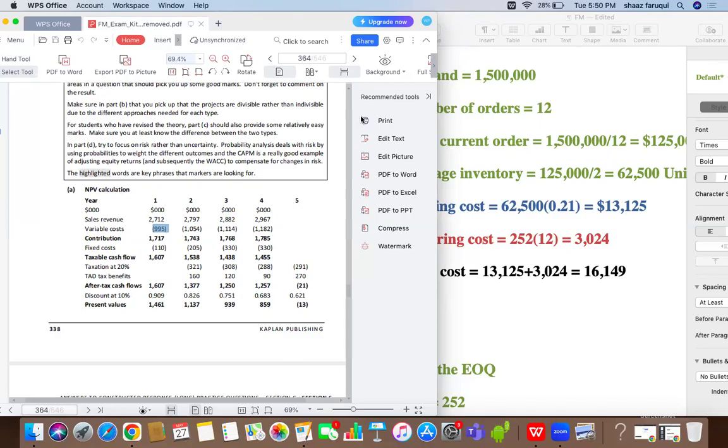What about others? From PM, I'm sure, Sobanjo, you would have done your MA, right?